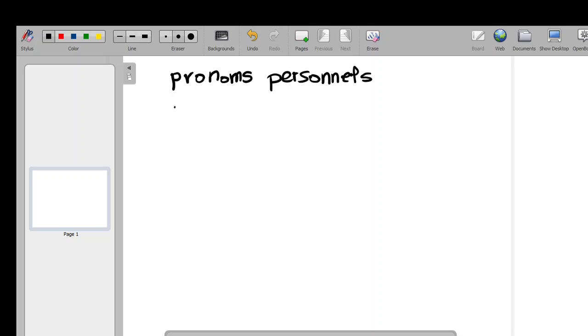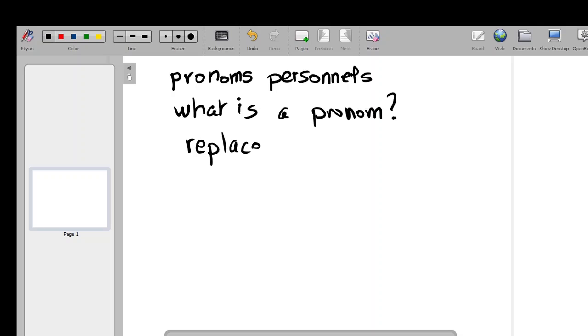So, what is a pronom? Pronom, it replaces a noun.